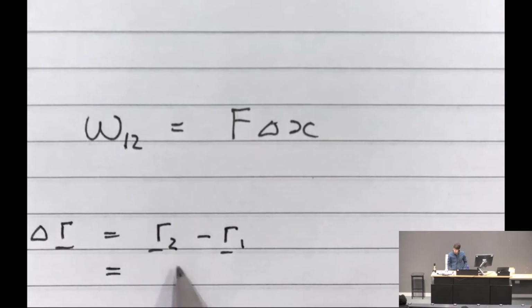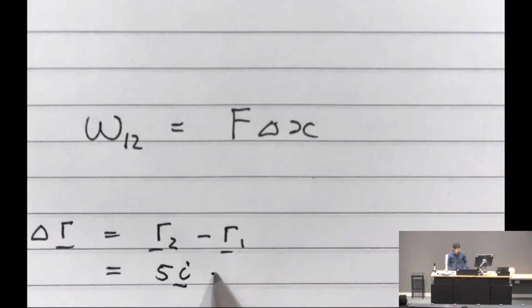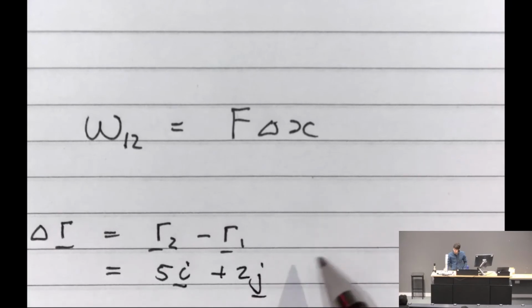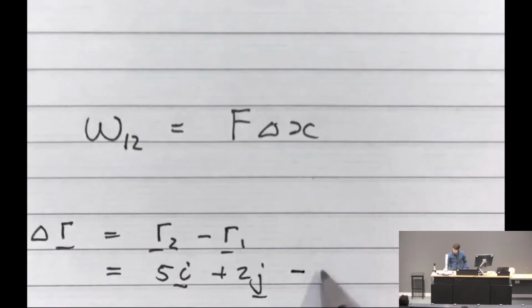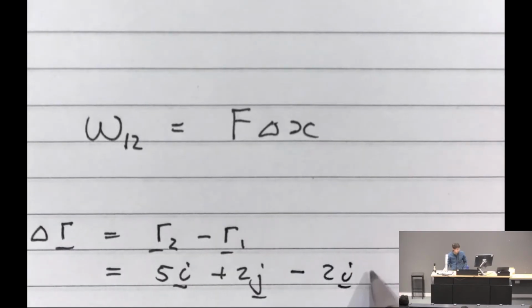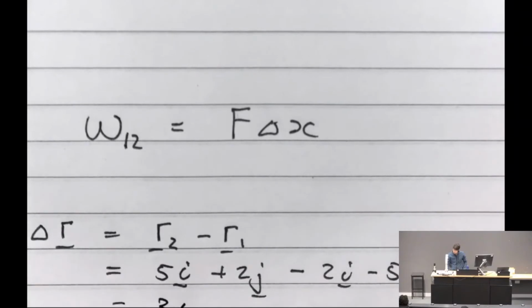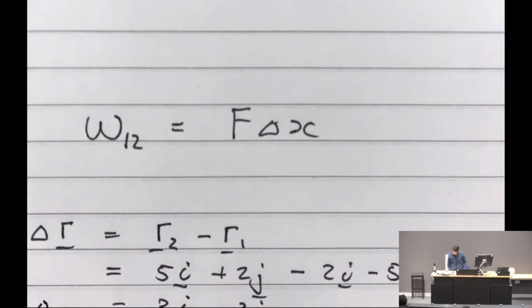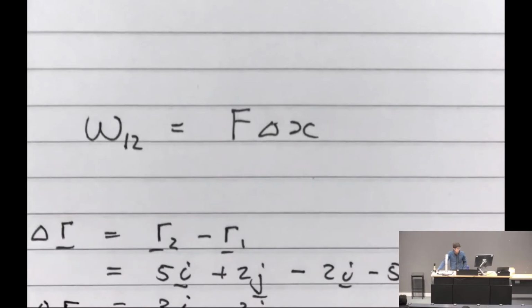That is 5i plus 2j minus 2i minus 5j, and that equals 3i minus 3j. That is our change in position.